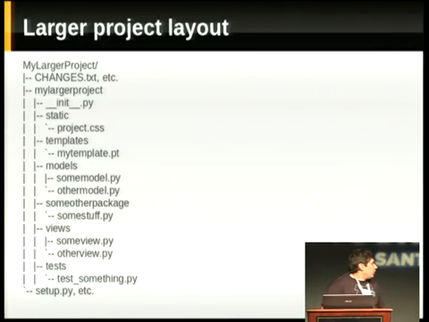Since we like to enforce 100% test coverage, we also usually have a tests directory. And sometimes inside the views package or the models package, we have another tests package where you have all the tests for that section only. So this is merely a suggestion, but it can serve to get you going.